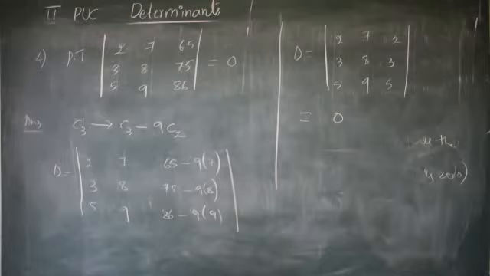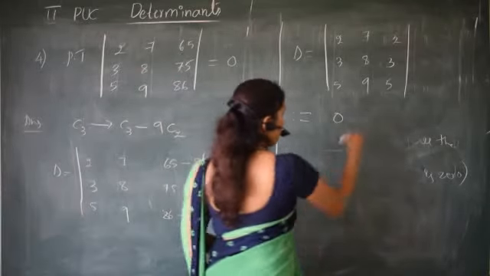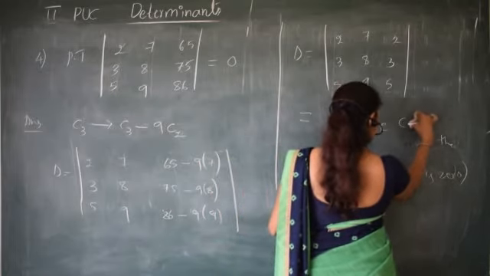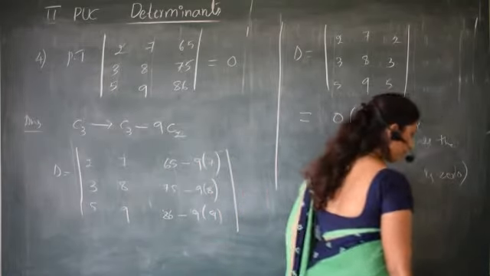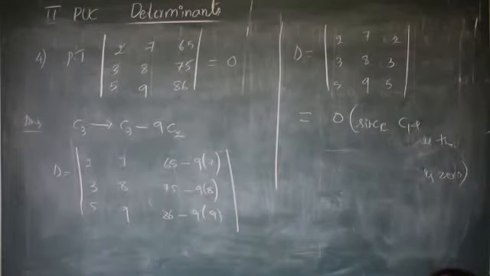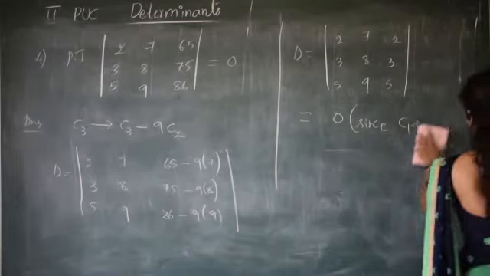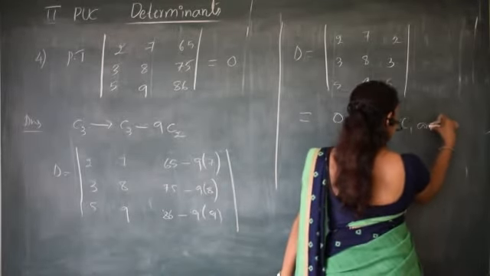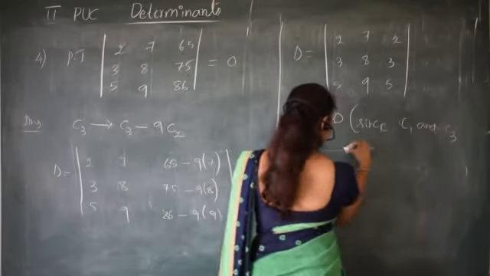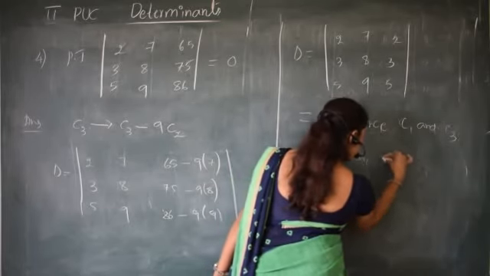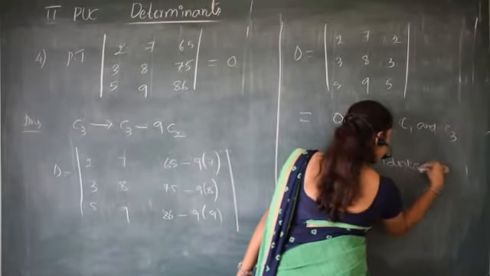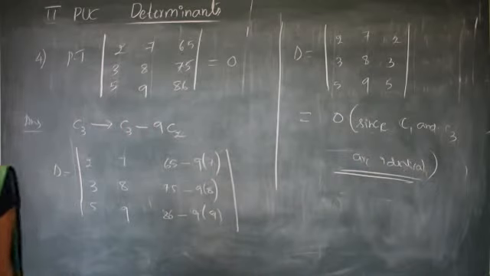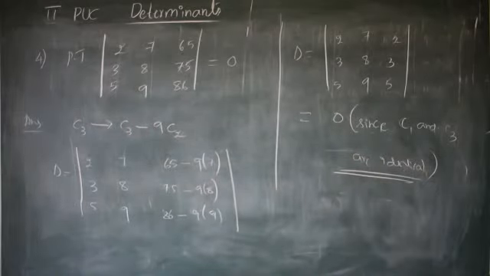Since C1 and C3 are identical, the determinant value is 0.